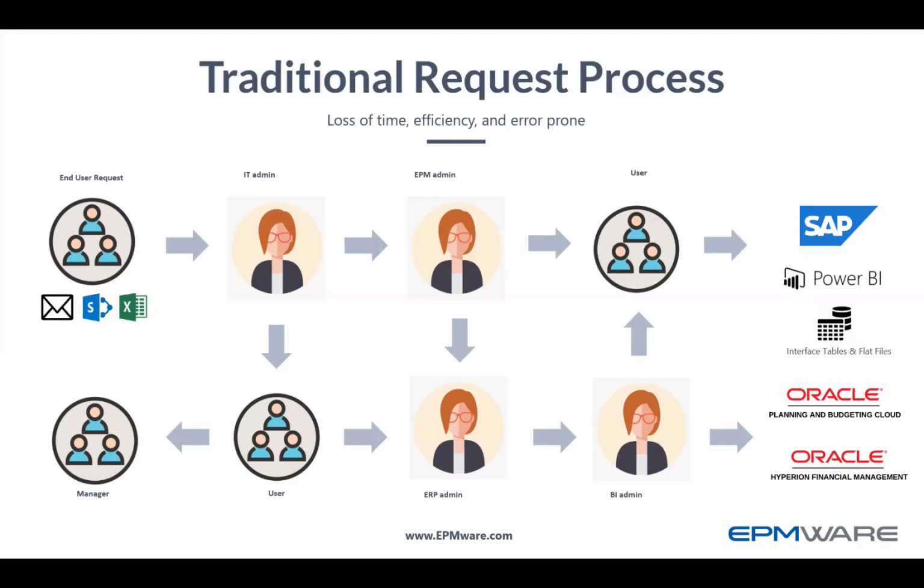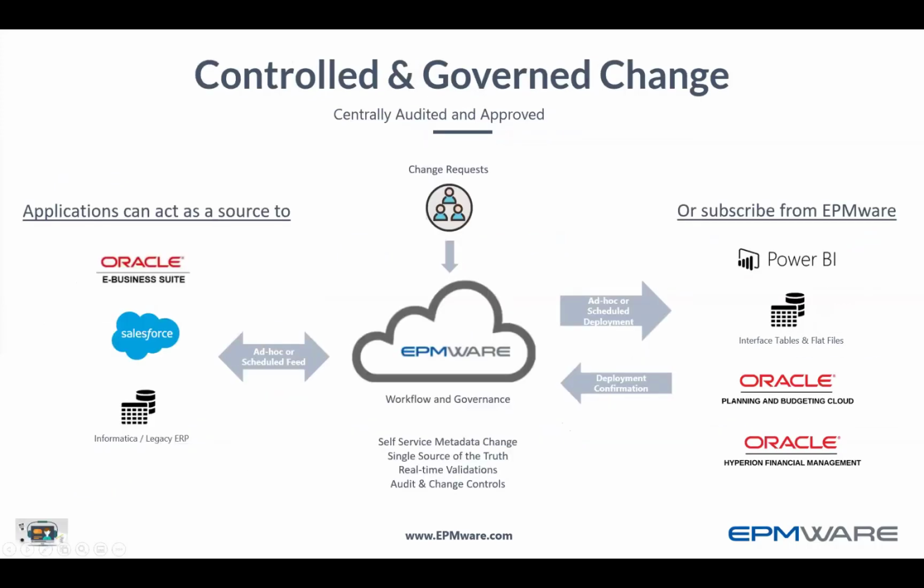They may not be aware of how many alternate hierarchies there are, or what the total number of applications is that this is going to impact. And that's really what we look to solve here in EPMware: to create a controlled and governed change process, where users can go back and understand where metadata originally originates.